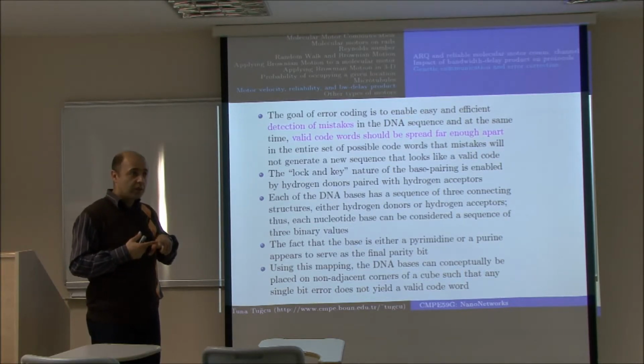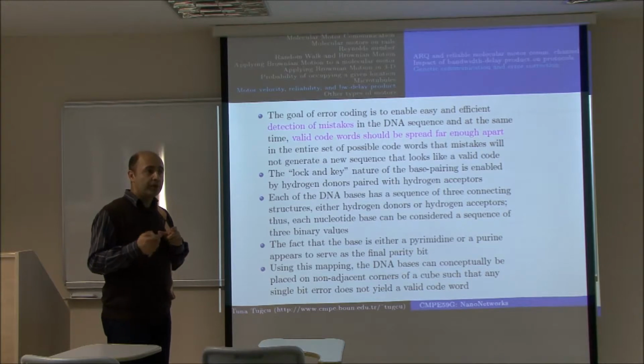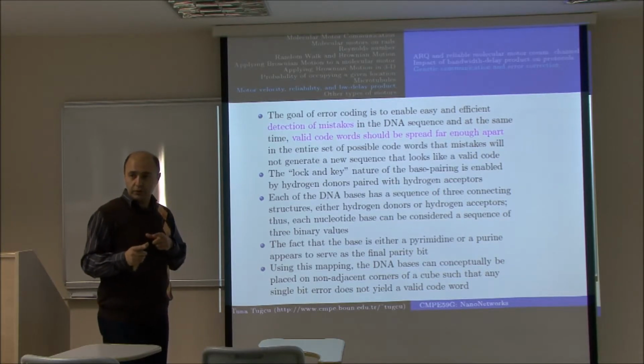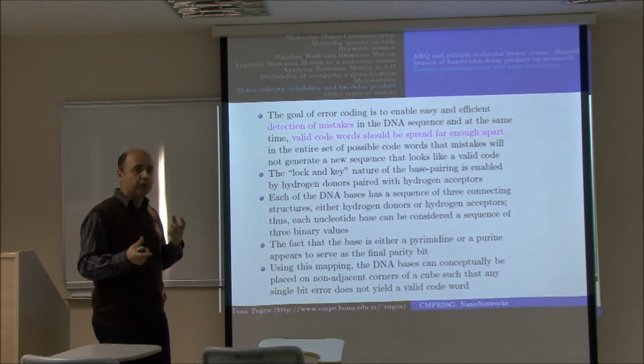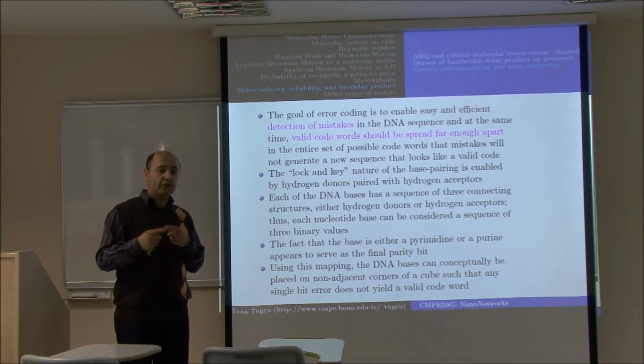In other words, when you're encoding the data on DNA, there are some valid combinations and there are other combinations that do not correspond to any kind of information you would encode there. So they would be invalid.